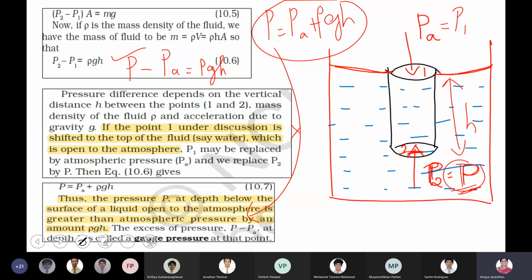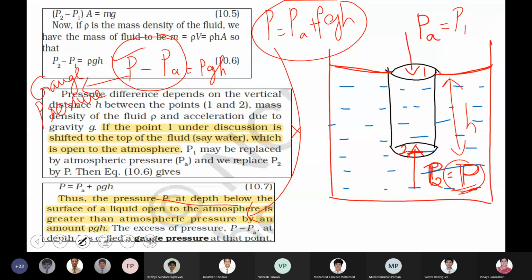We call P the pressure at a depth h below the surface of the liquid, which is exposed to the atmosphere. So the pressure at any point at a depth of h meters below the surface is PA plus rho GH, and P minus PA we call the gauge pressure.